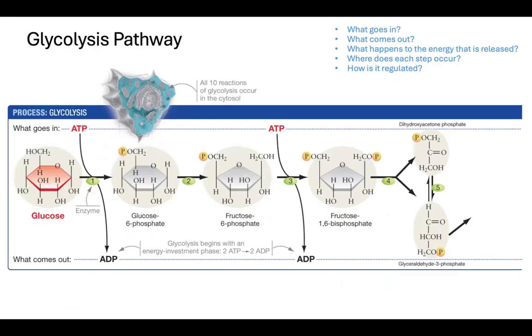Okay, this is our first step, right? There's 10 chemical reactions here. So where's this going on? Well, this is going on in the cytosol, right? So what's going in? Well, we see we're investing those 2 ATPs. Here's our glucose, and we pluck off one of those phosphates, and you see it there. Now, there's the phosphorylation.